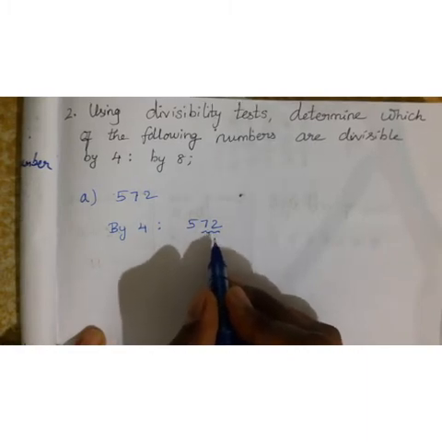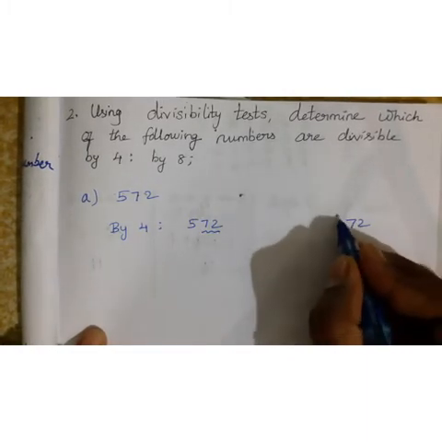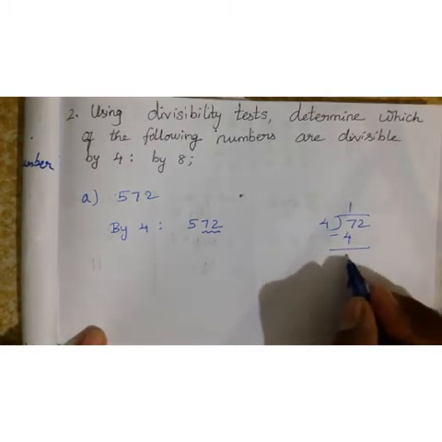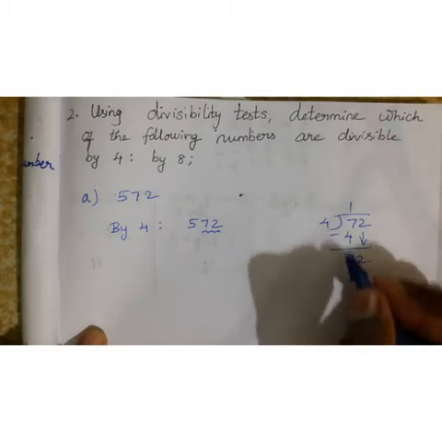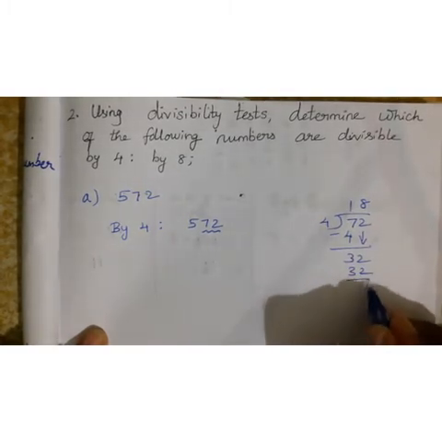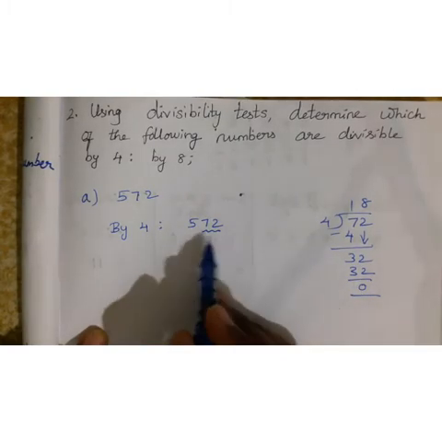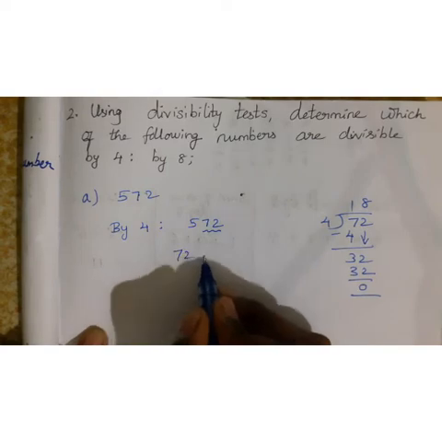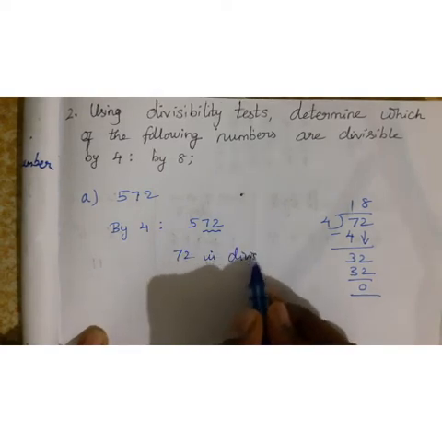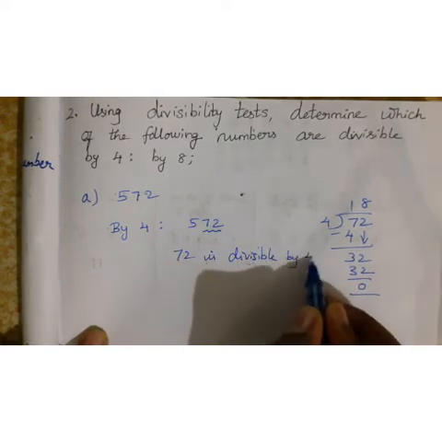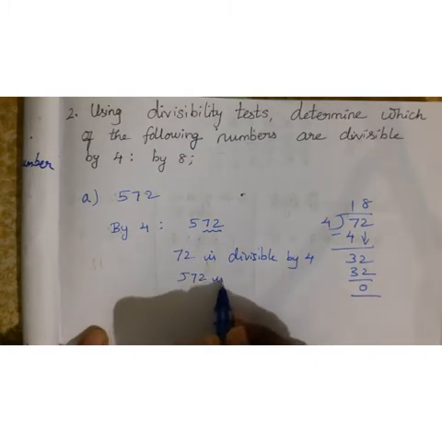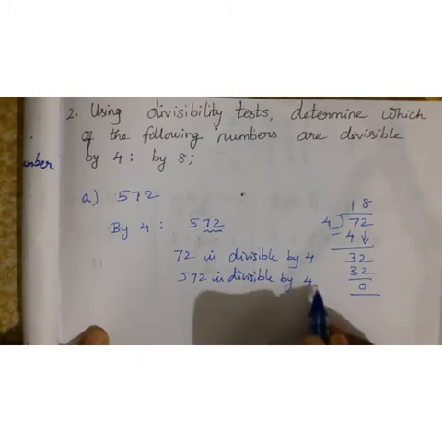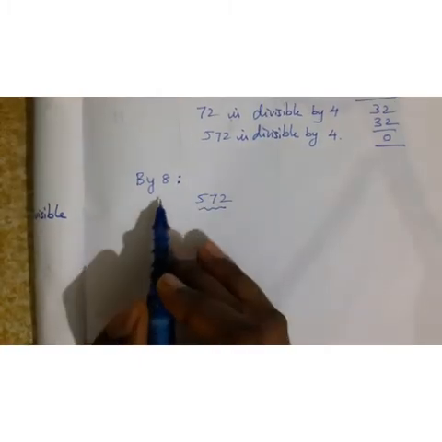So let's take the last two digits and divide by 4. 4 ones are 4, 7 minus 4 is 3, 2, 32. 4 8s are 32. Since 72 is divisible by 4, 572 is divisible by 4.